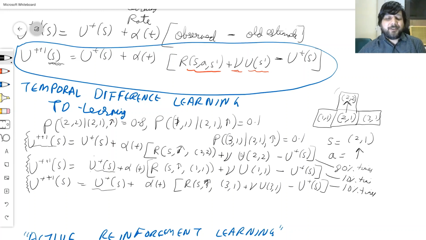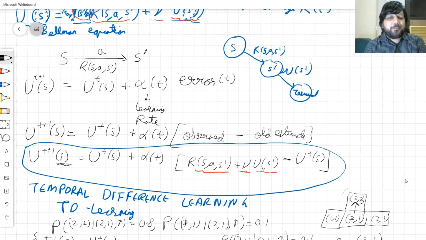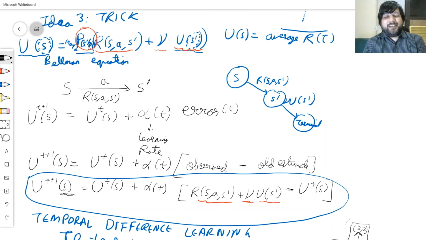80% of the time my data is learned from the non-slipping case 2,2, so its effect is more profound. 10% of the time it's selected based on the other two, and its effect is less profound. 10% due to left slip, 10% due to right slip, and the effective measure because of the same kind of averaging will be 80% times 2,2, 10% times 1,1, 10% times 3,1, which is the same as multiplying the probabilities over here, a weighted average, weighted by probabilities.